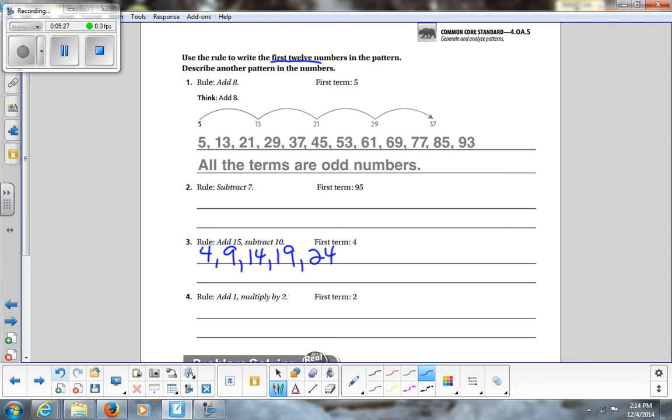And yes, I do expect to see your work, because I know you guys can't do all of this in your head, because Miss Fernley cannot. How many do I have? 1, 2, 3, 4, 5, 6. Halfway there.